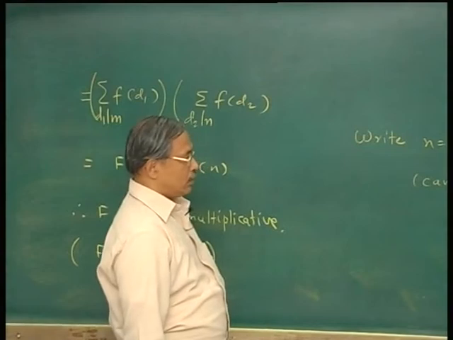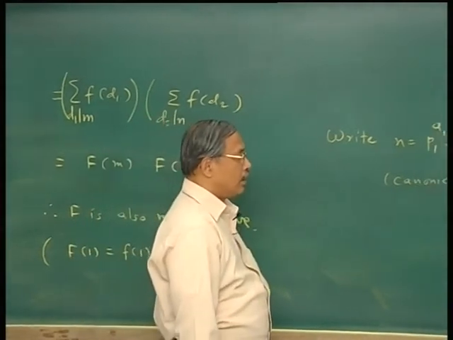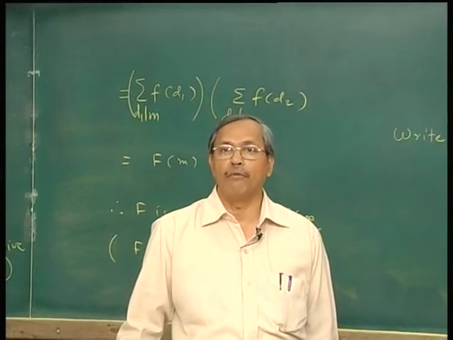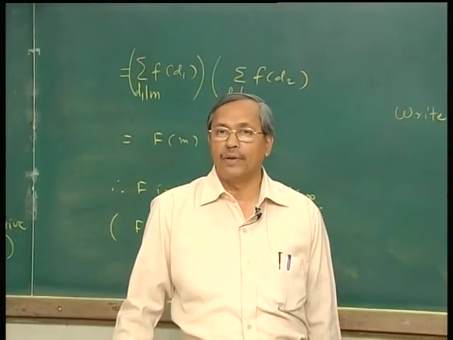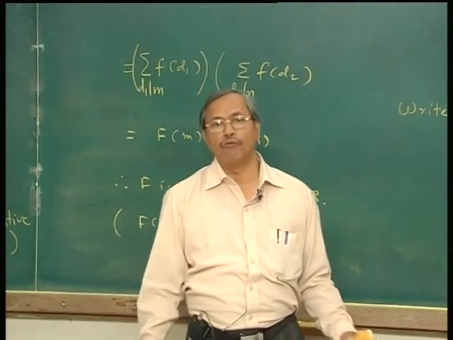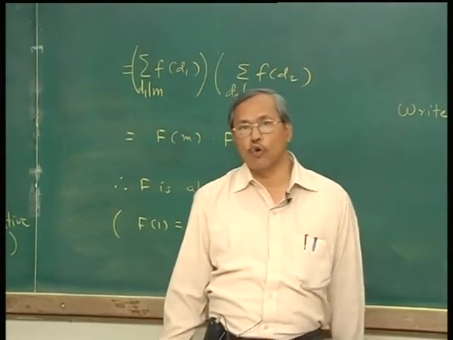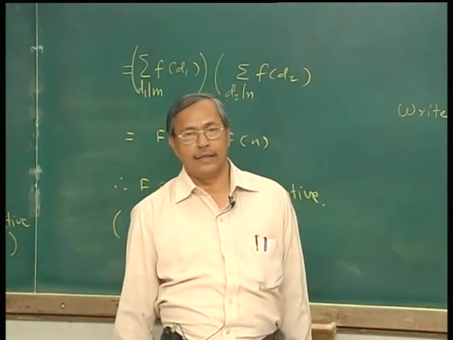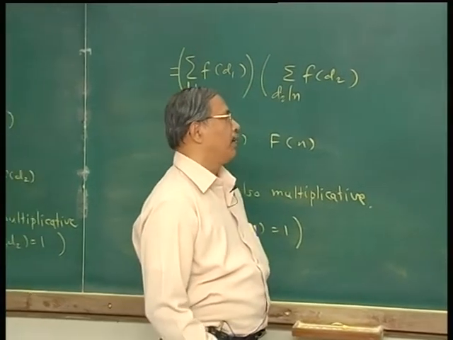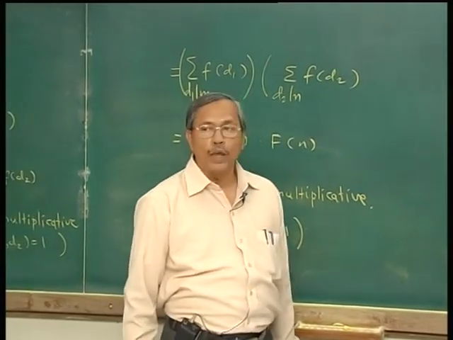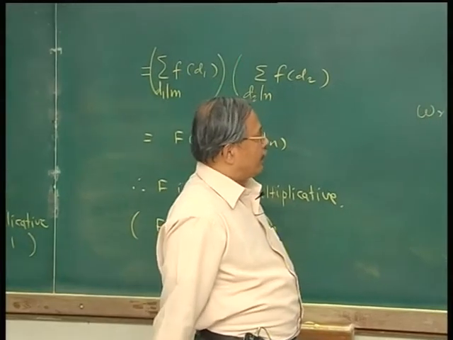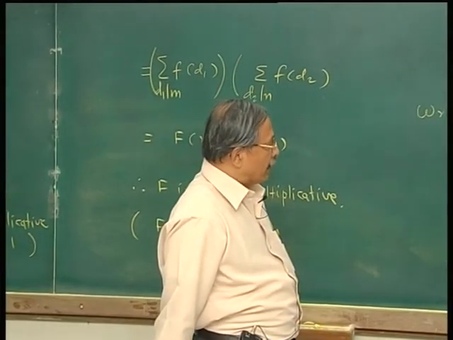Now note that when a function is multiplicative, f(mn) equal to f(m) into f(n) whenever m and n are co-prime. This we can extend. If n1, n2, nr are co-prime in pairs, then f(n1 n2 nr) will be f(n1) into f(n2) into f(nr). This happens when the function f is multiplicative.